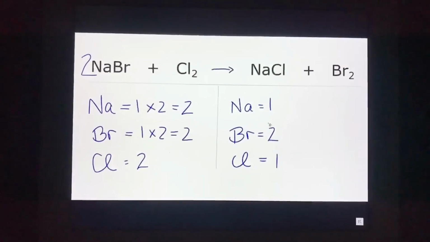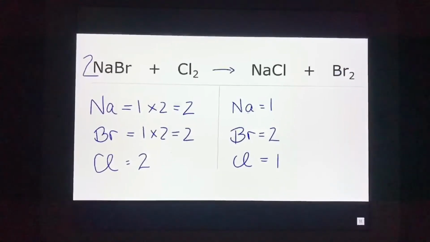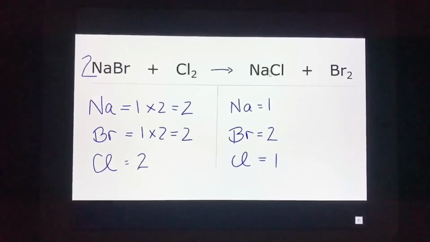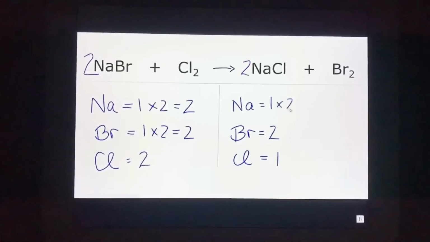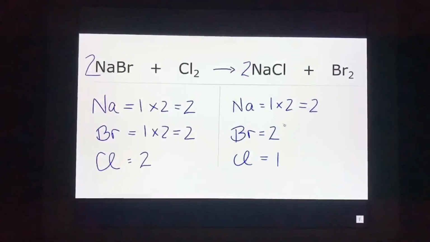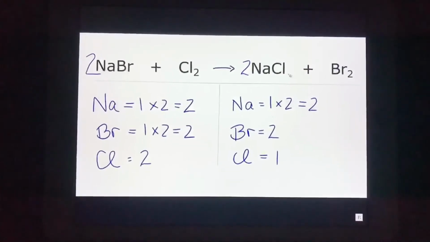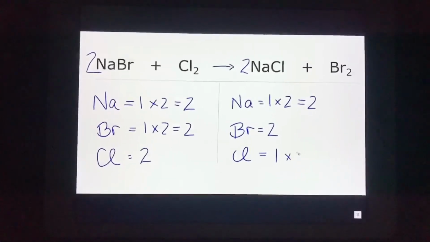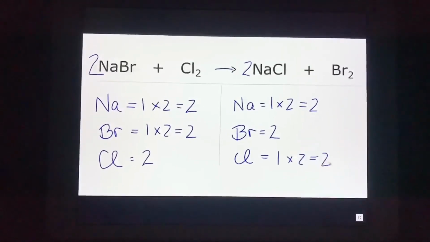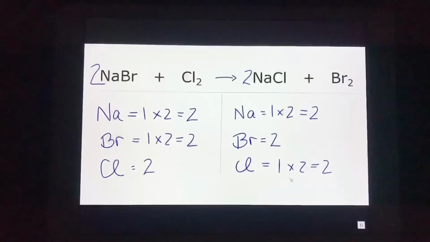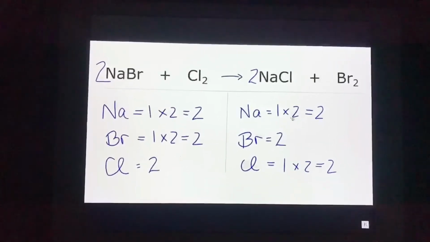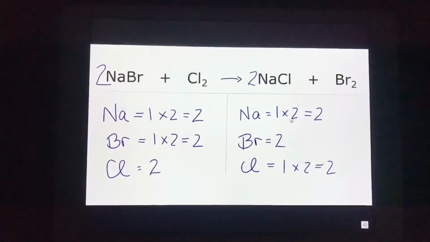Now we add 2 in front of the sodium bromide so that we are able to balance the equation. In the product side we multiplied by 2 so that we get 2. Now chlorine is also multiplied by 2 so that we balance it in a proper way, and hence it is balanced.